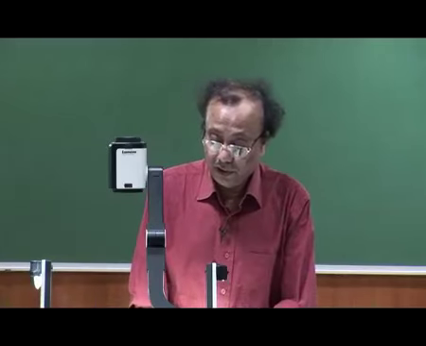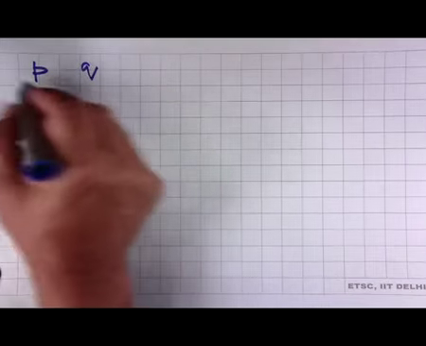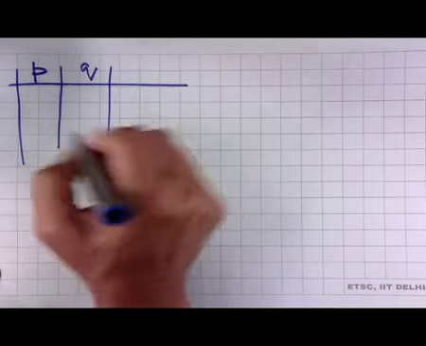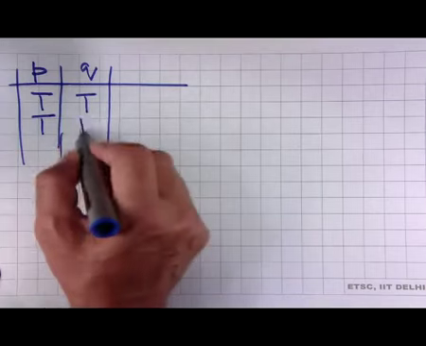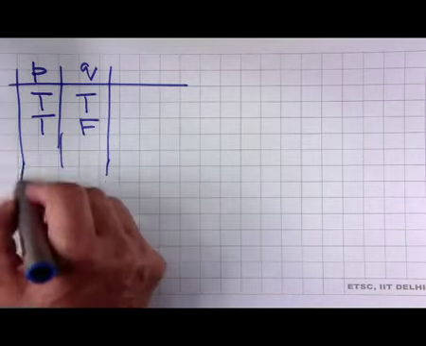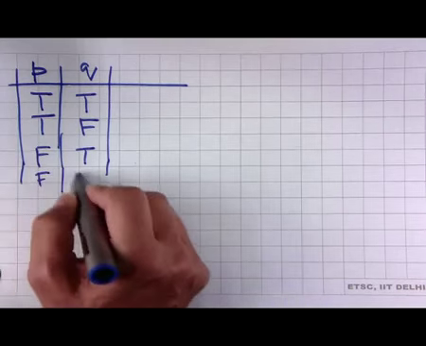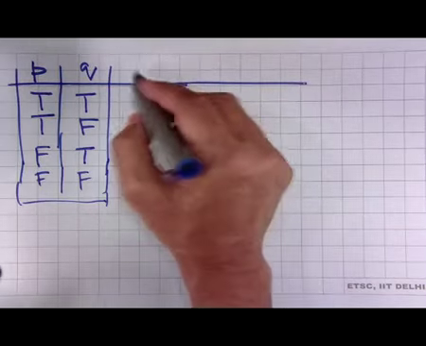So, let us consider the truth values of P, Q. We have T, T, T, F. This you have seen many times today. F, T, F, F. So, what is not of P?